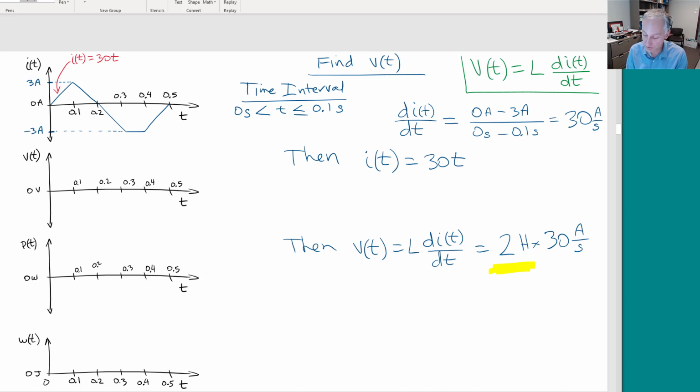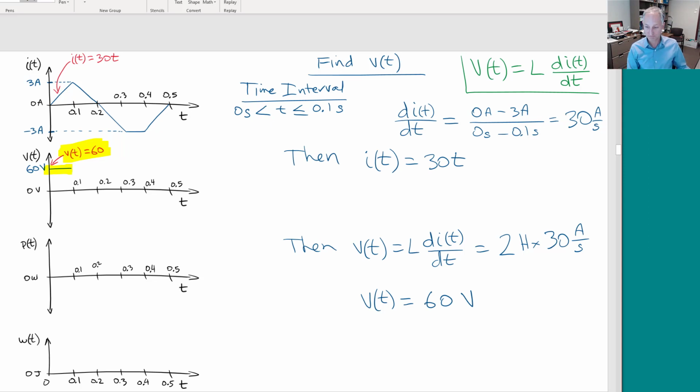We found our di/dt was 30, and that works out to 60 volts, since 2 times 30 is 60. So that's a constant. We're going to see a constant line for the voltage with a value of 60. Here I've labeled that segment as v of t is equal to 60.